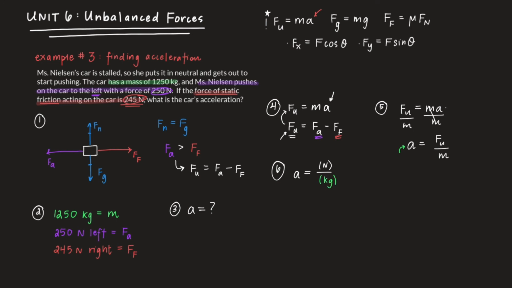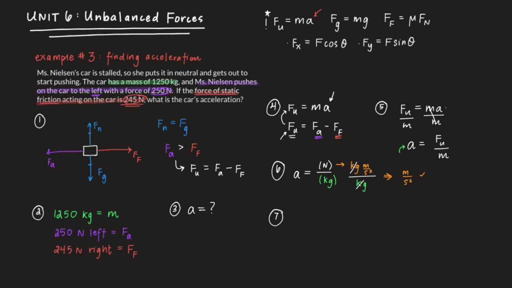And a long time ago when we talked about newtons, we discovered that 1 newton is the same thing as a kilogram times meter per second squared. That's what a newton is. So if we take that and we divide by kilograms, you can see that the kilograms cancels out, and we're left with our unit for acceleration, which is meters per second squared. Okay, that is our unit for acceleration. So that's good. We got what we wanted to. We did our rearranging correctly.